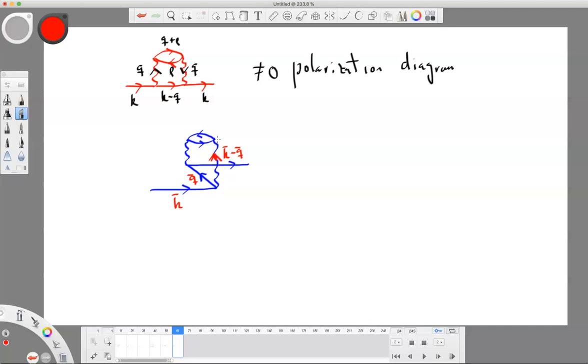Then we have to divide the momentum. So I again introduce the label L, and we're going to inject L here. So now we get K minus Q plus L. And then we enter here, and we subtract the L on this node. So K minus Q is coming down here, and it combines with Q and ends up having K. So is this 0 or non-zero?